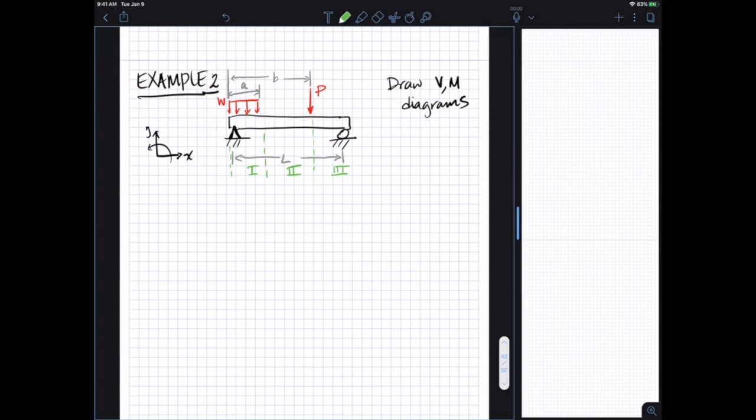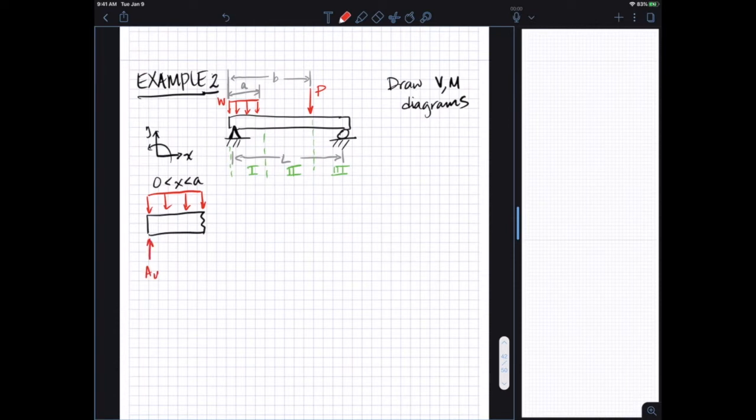So let's consider each of those cuts independently. We'll draw a free body diagram for section 1. This is for X, basically between 0 and A, being along the length of the beam. And this is anywhere along that distributed load. So I'm going to get a free body diagram that looks like this.